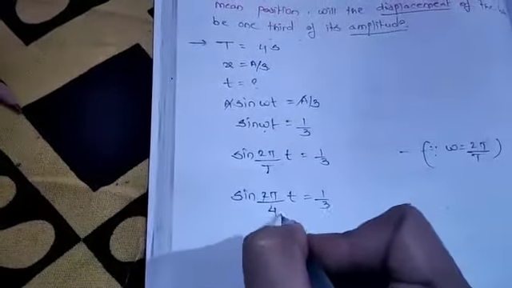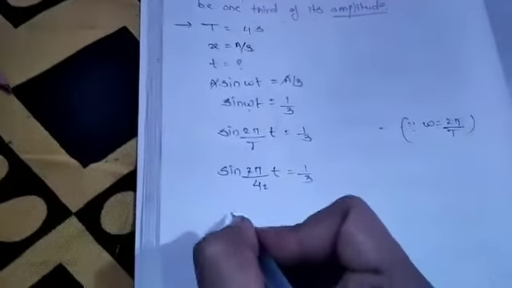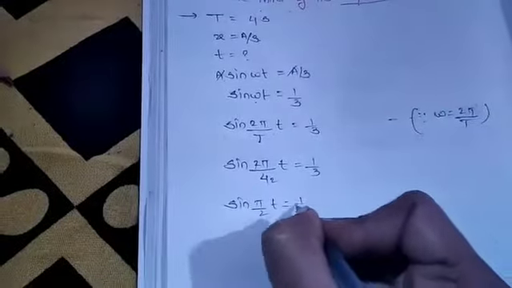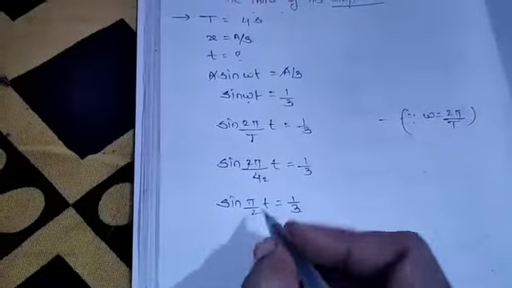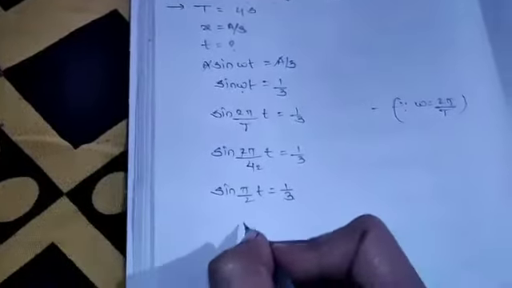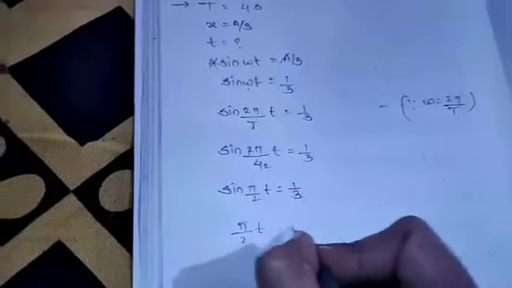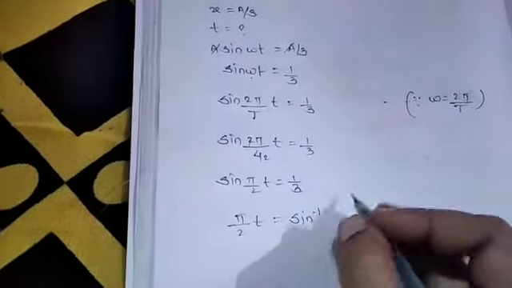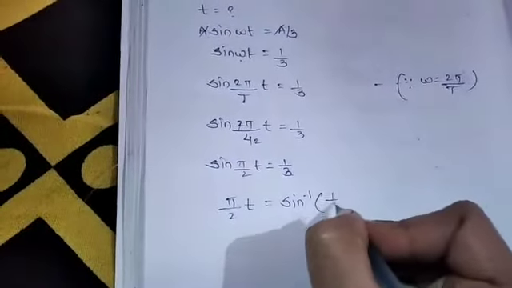Simplifying, it is sine of (pi by 2 into t) is equal to 1 by 3. That is, pi by 2 into t is equal to, taking sine to the other side, sine inverse 1 by 3.